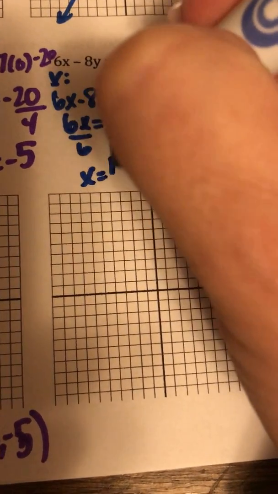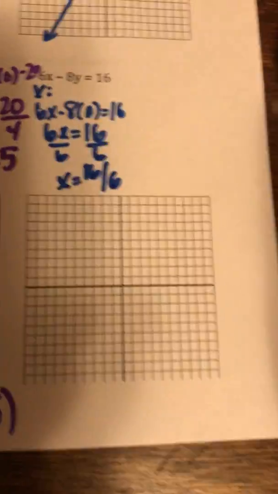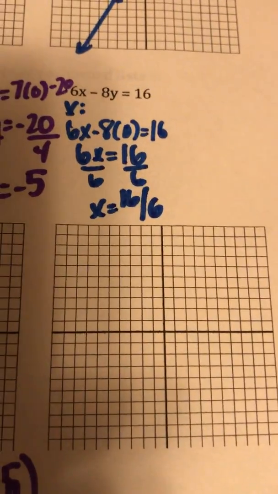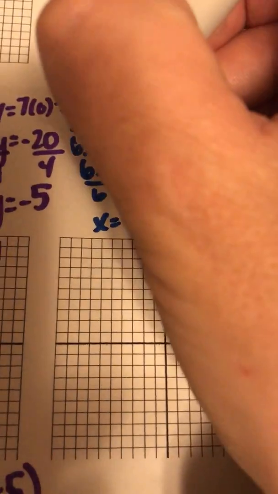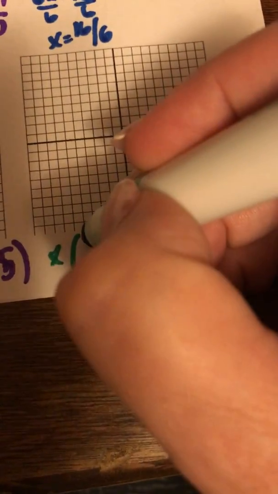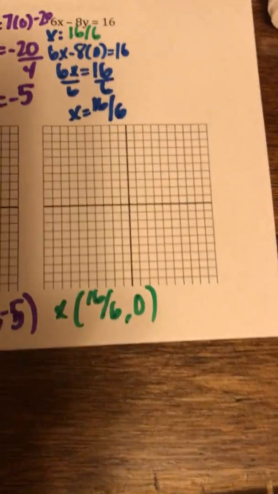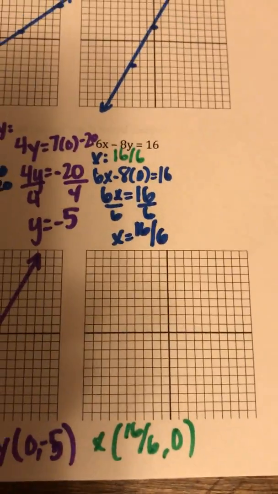X equals another delightful fraction for you. Happy Fraction Friday! 16/6. So now we have an x value. X is going to be (16/6, 0).